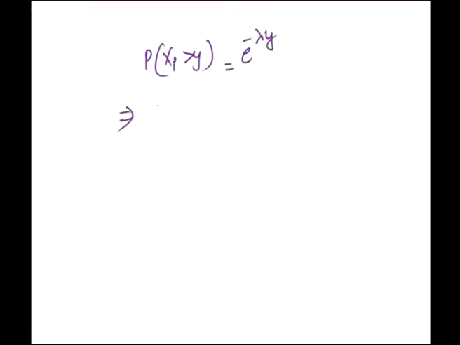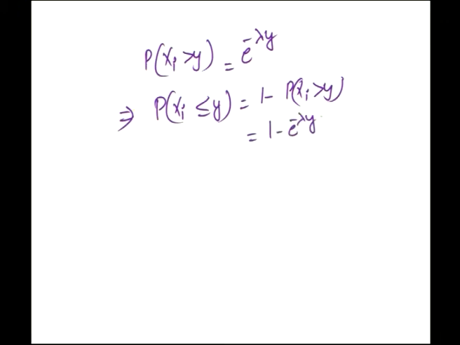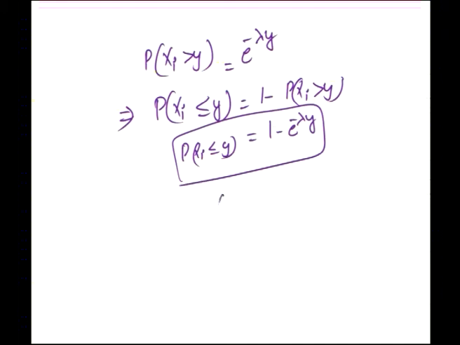So that P(Xi ≤ y) is equal to 1 minus P(Xi > y) is equal to 1 minus e^(-λy), which is actually the CDF of the exponential distribution with the parameter λ.